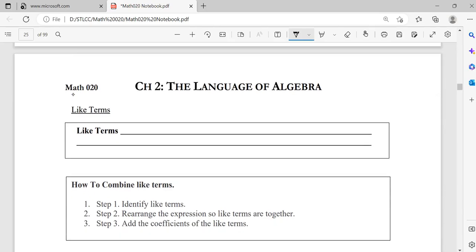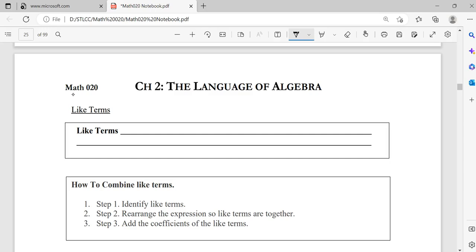All right, the second concept in lesson 2.2 is like terms. Like terms are the combination of numbers and variables that have exactly the same variable raised to exactly the same power.